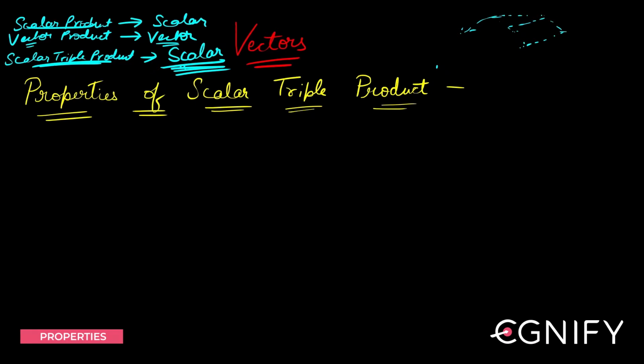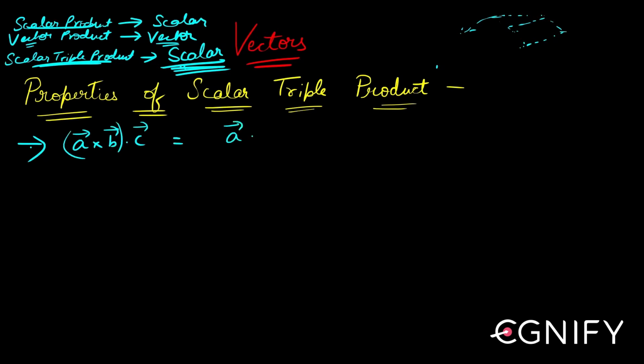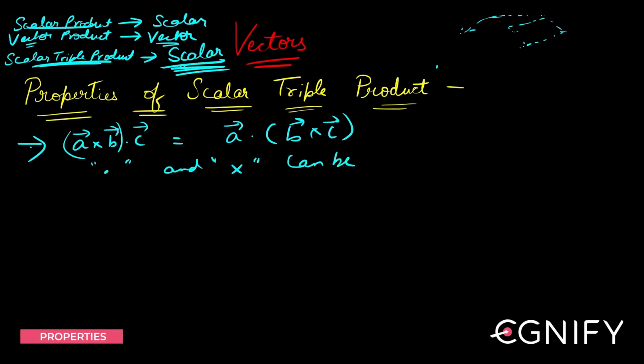So with this, let's move on to the first property, and that is the position of the dot and cross can be interchanged. So dot and cross can be interchanged.